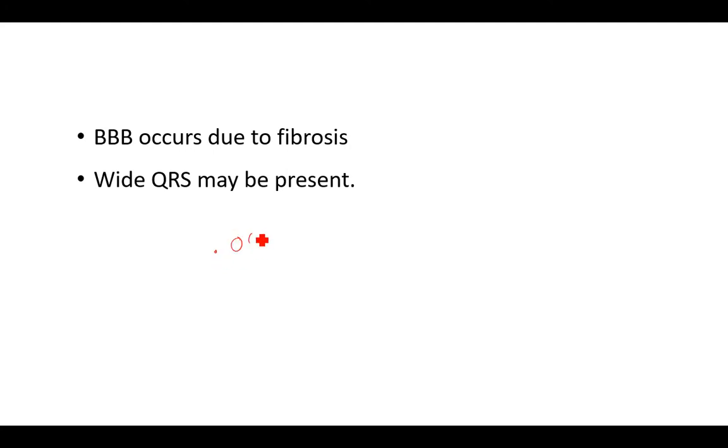We call it wide complex when it is more than 120 milliseconds. Normal QRS duration is 0.08 second, that is equal to 80 millisecond, right? Okay. So with that knowledge, we are moving to another section, that is heart rate calculation.